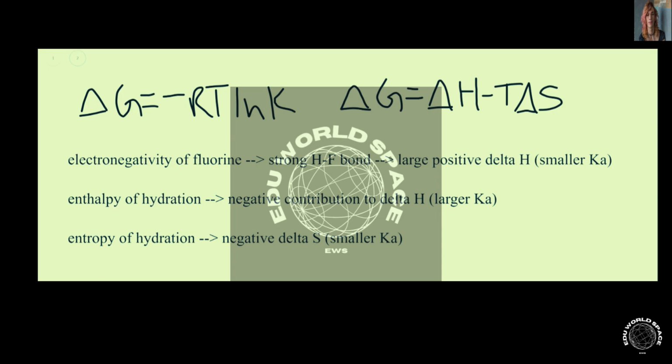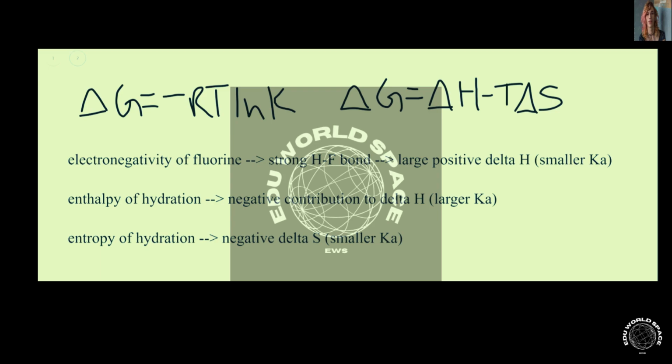So because fluorine atoms are very small compared to chlorine, bromine, or iodine atoms, remember as we go down the periodic table, our atomic radius increases and we have more inner shells of electrons in our atoms.